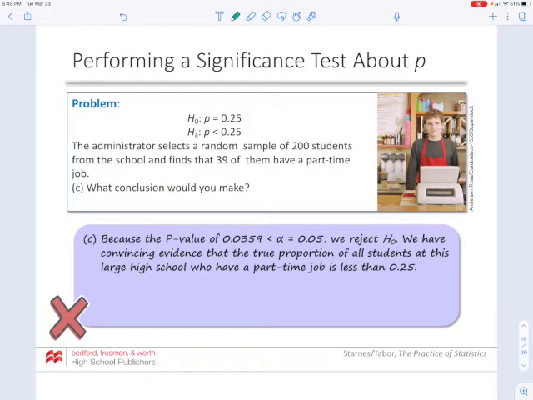Now part C, what conclusion could you make? This is where we have to compare the p-value to alpha. Because the p-value of 0.0359 is less than alpha, which is 0.05, we reject the null hypothesis. We have convincing evidence the true proportion of all students at this large high school who have a part-time job is less than 0.25.